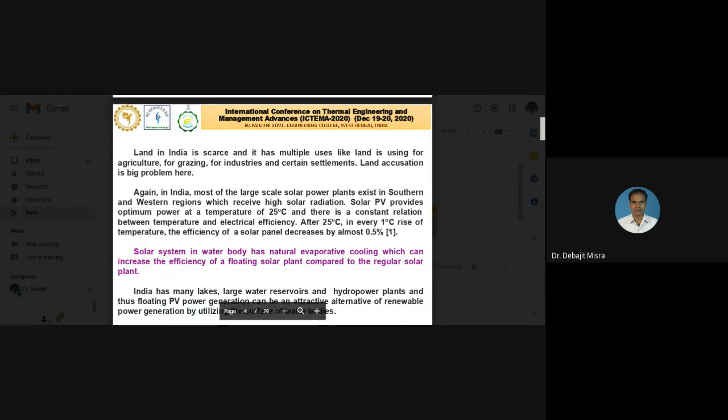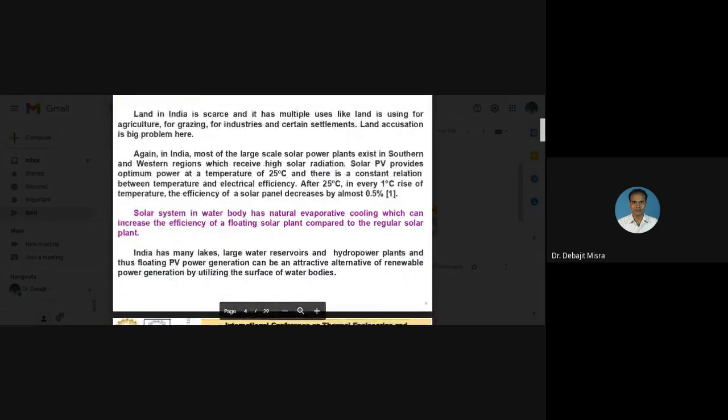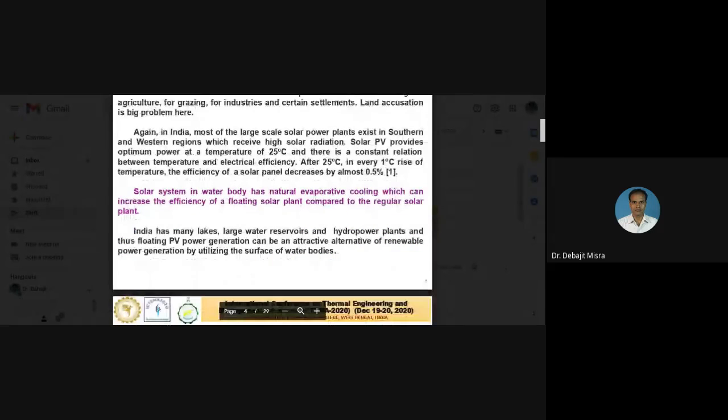So using a floating PV plant could minimize this also. India has a lot of lakes, large reservoirs and hydro power plants, and floating power generation could be attractive there. If we compare regular plants to floating solar plants, India has many large water reservoirs, so they could be utilized effectively.